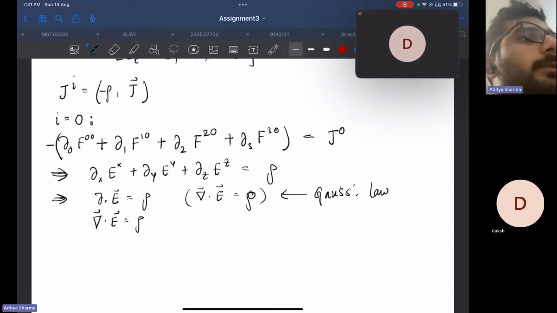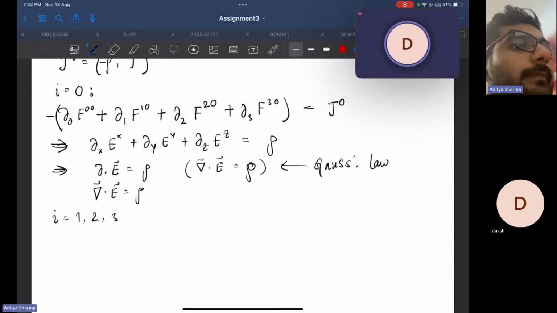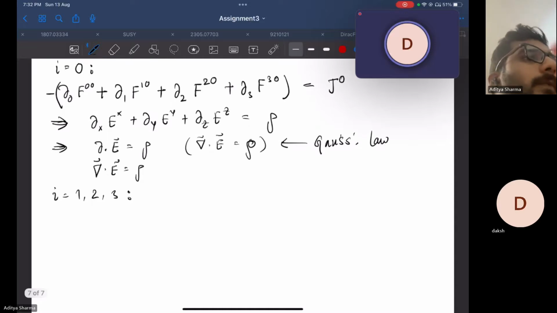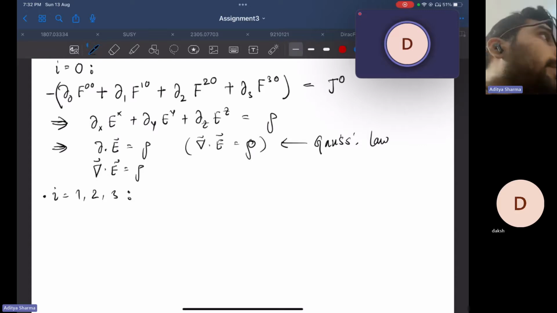Now let us quickly do it for i equal to 1, 2, and 3. So i equal to 1.